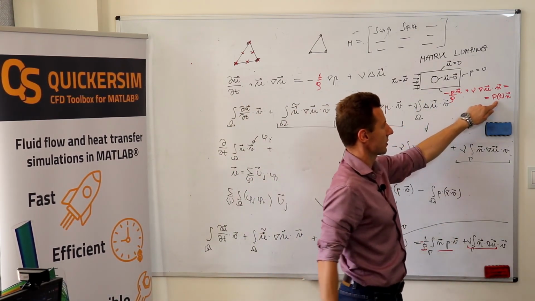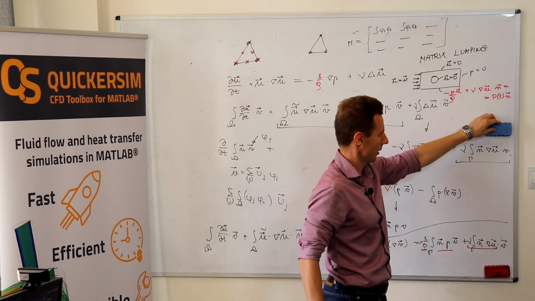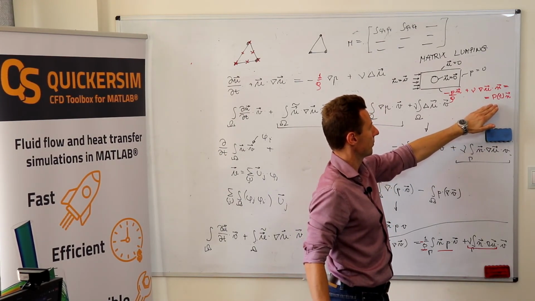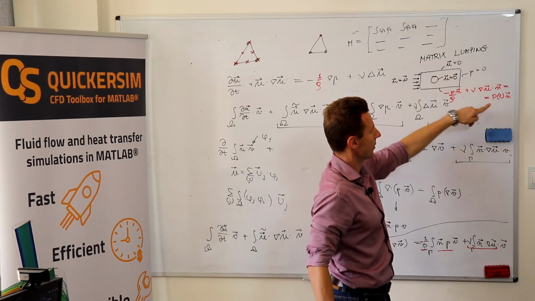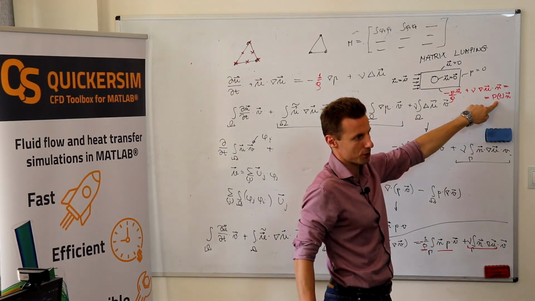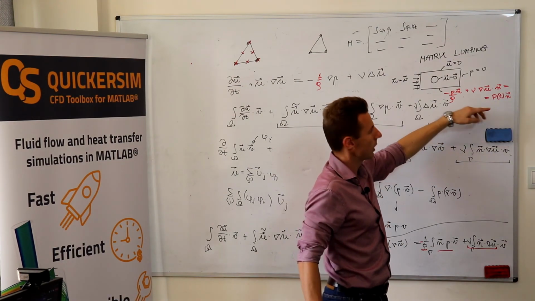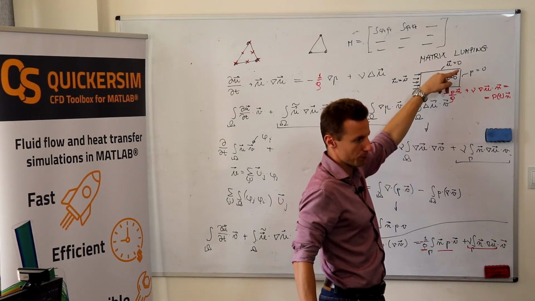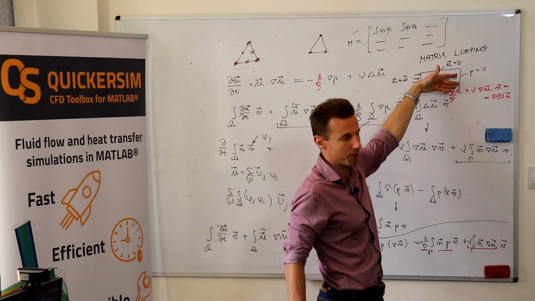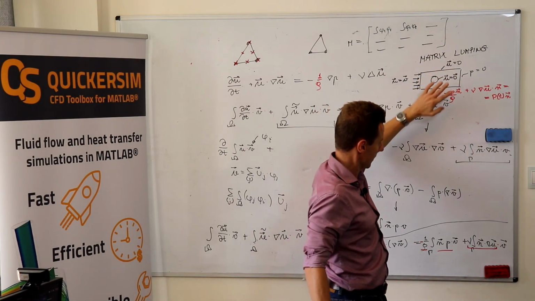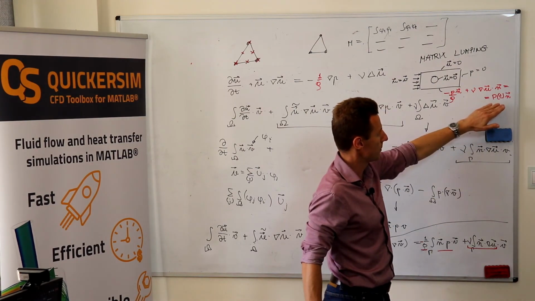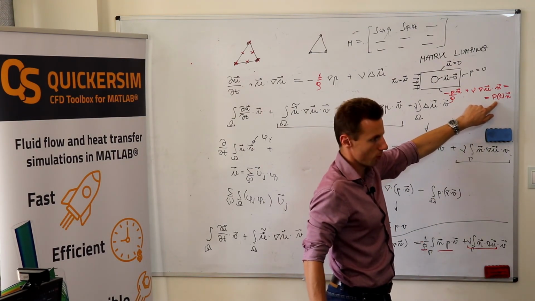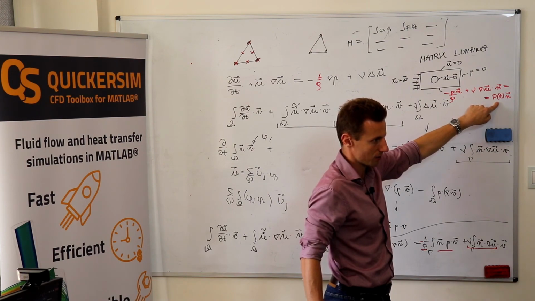What is that function? You can write a proof that this is the average pressure at the boundary. So locally, you might have different pressures, but the average value of the pressure imposed by this boundary condition will be equal to this function.